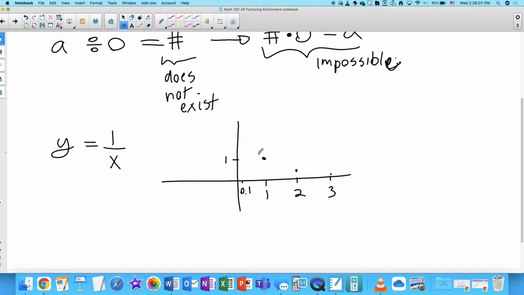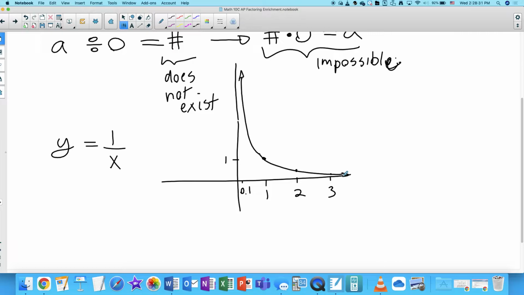So these numbers are going to shoot up that way. That's going to be the shape of the curve. That is what happens when I get close to 0 from the positive side of the x-axis. The value of 1 over that number actually approaches infinity.